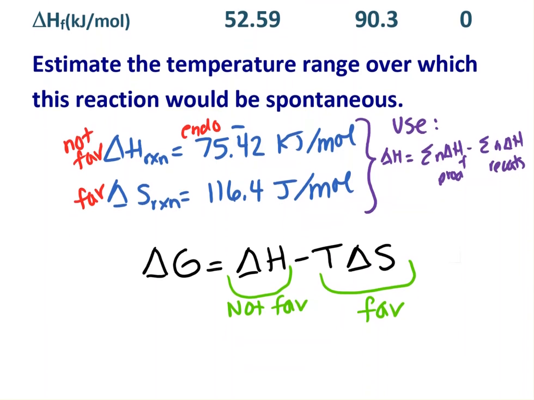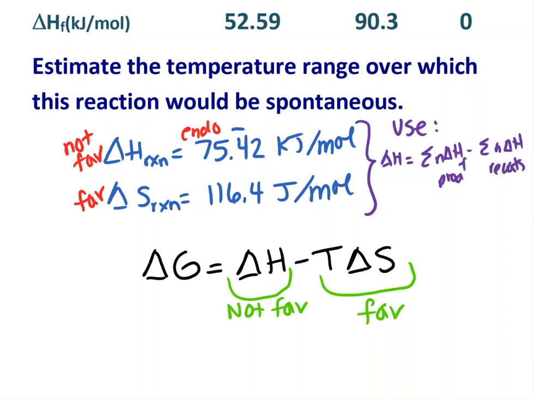Before we plug into that equation, remember we have to watch our units because our enthalpies are in kilojoules and our entropies are in joules. So I'm going to convert this one to joules.